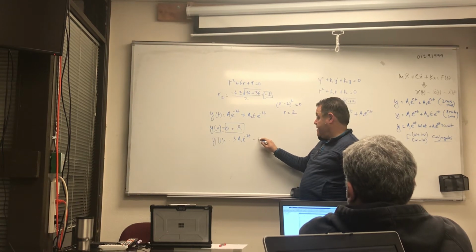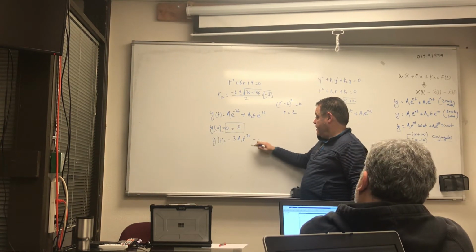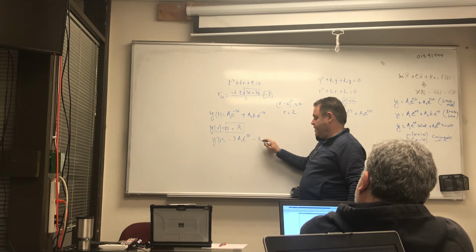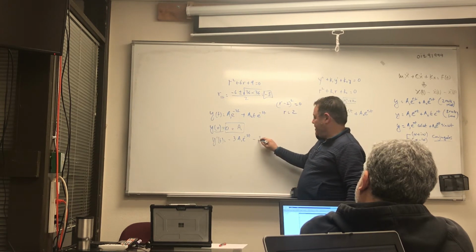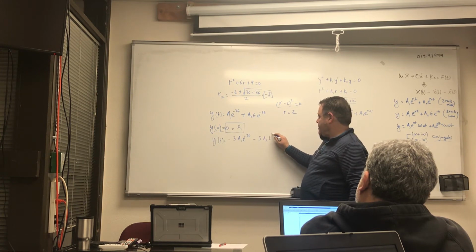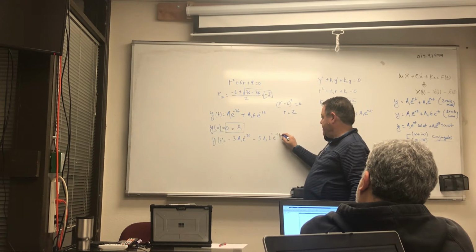Minus 3t, you see? Minus 3 a2 t squared e^(-3t). That's it?